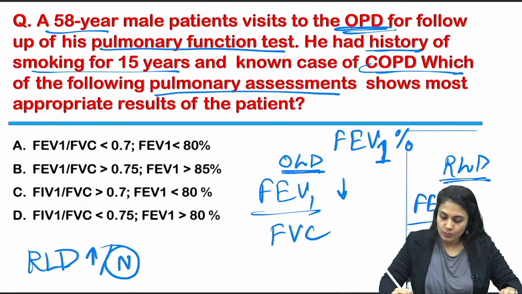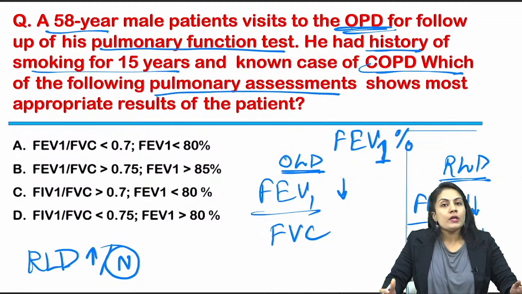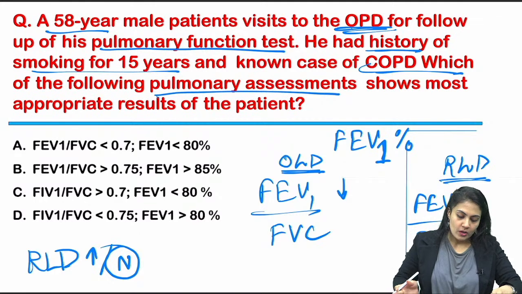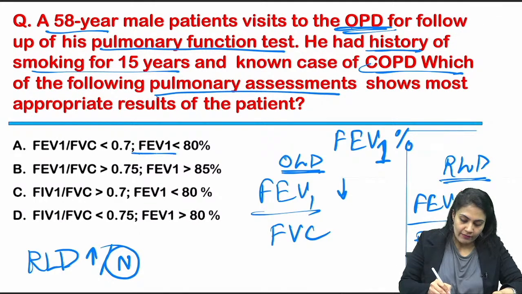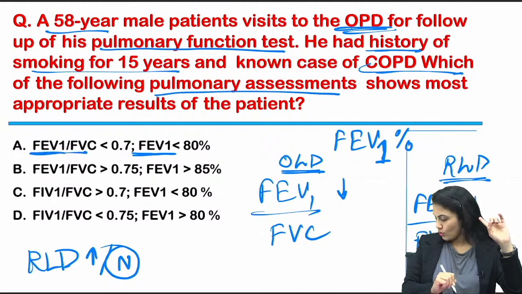In later stages, both are going to decrease, but when both decrease, the ratio is either going to be normal or increased. You can remember that in the old, the FEV1 percentage is reduced, okay? So both are given: FEV1, that is the numerator, and the percentage is also given, okay?